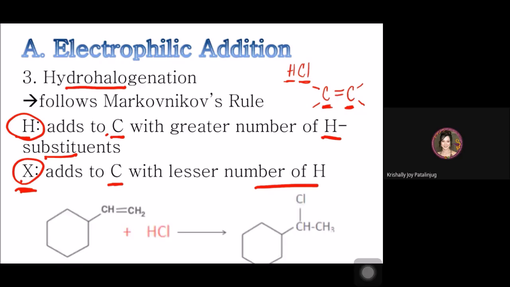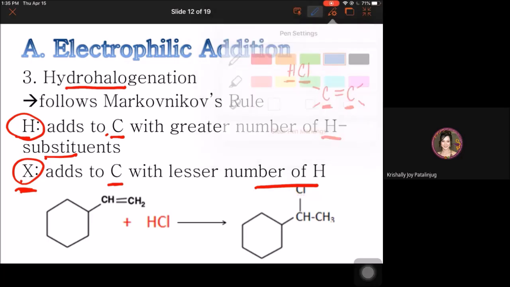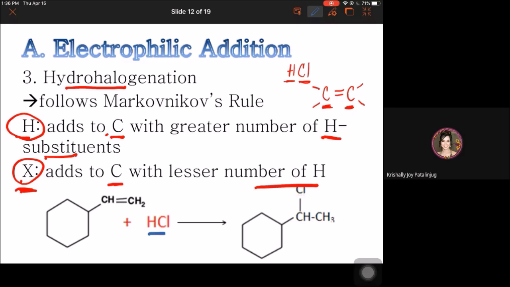So let's say, for instance, a specific example here, you have this alkene added with hydrogen chloride. So this is hydrohalogenation. So yung tanong, asa padulong ang H plus and the Cl plus nga electrophile. Okay? So you compare between these two double bond carbons, sino yung mas marami yung hydrogen?